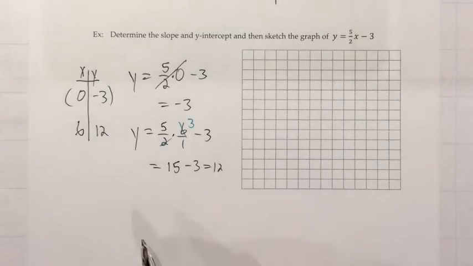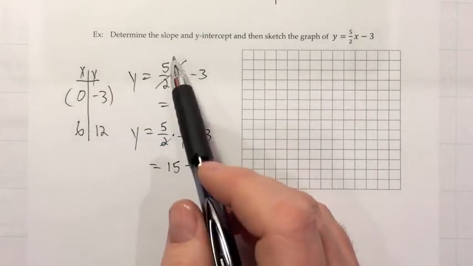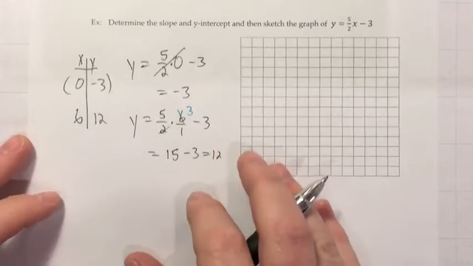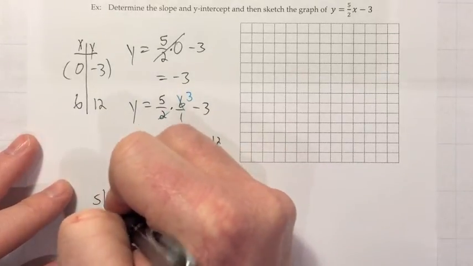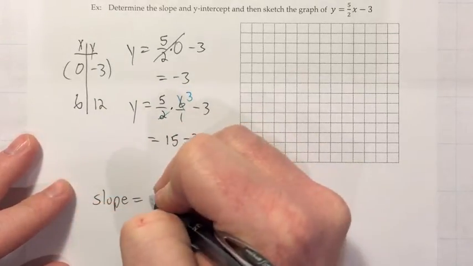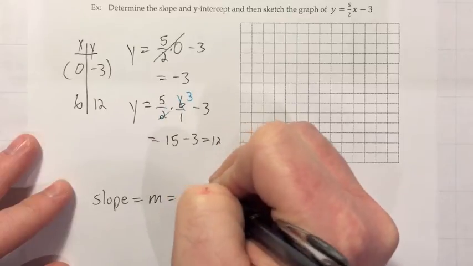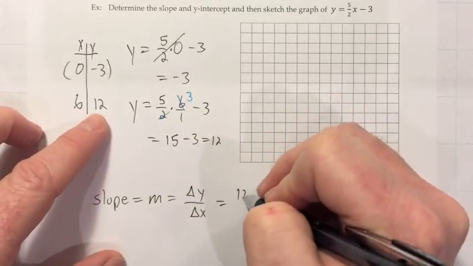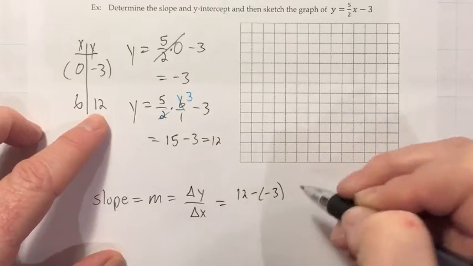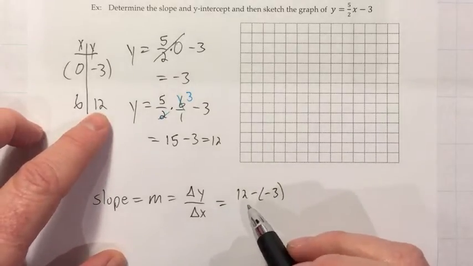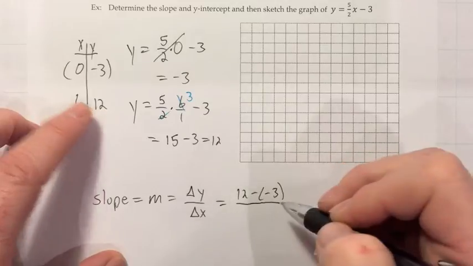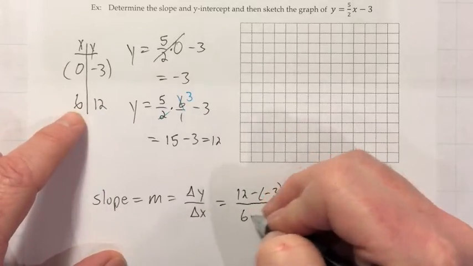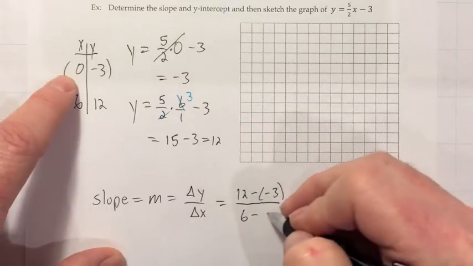Okay, and so now, if I want to find the slope, that is m, and it's the change in y over the change in x. So I could do 12 minus 3, and then on the top, because I started with this y-coordinate, on the bottom I have to start with this x-coordinate, so 6 minus 0.